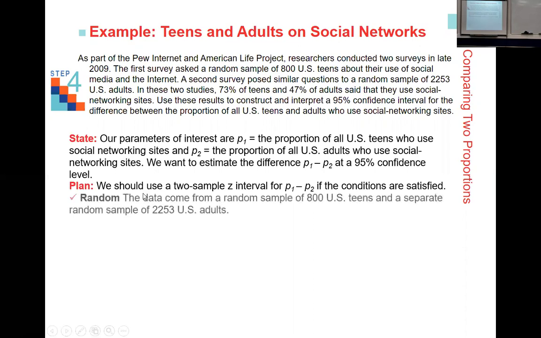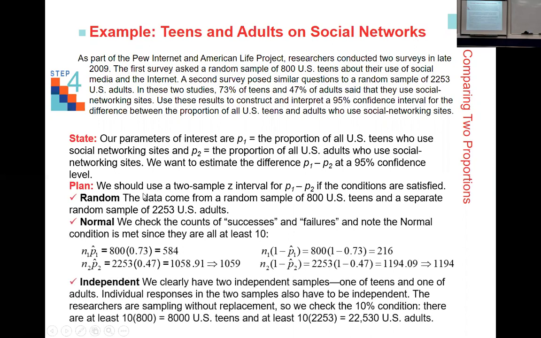Here's what those look like. I'll keep them up for about 30 seconds. Hopefully you shouldn't have to fix too much. Remember that it's n times p hat and n times 1 minus p hat for each of them, because we are using the sample here.